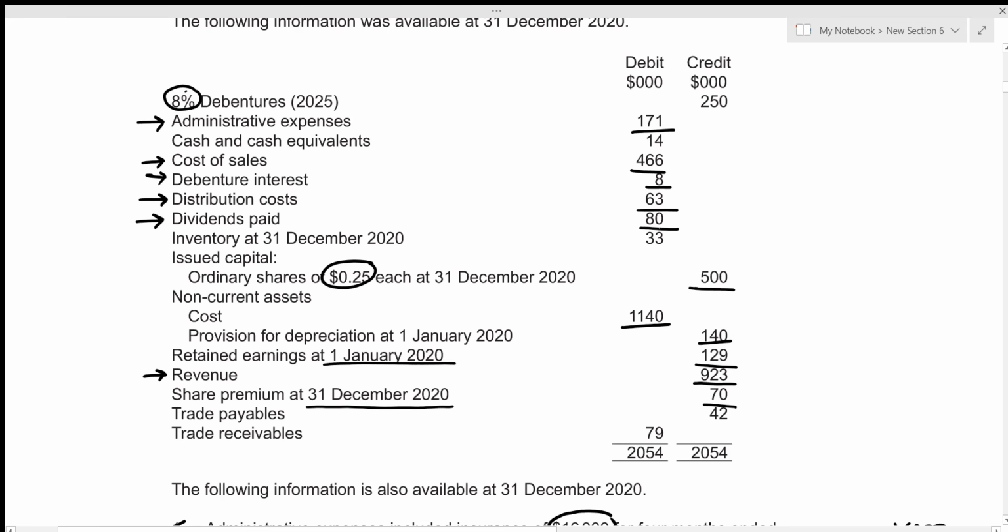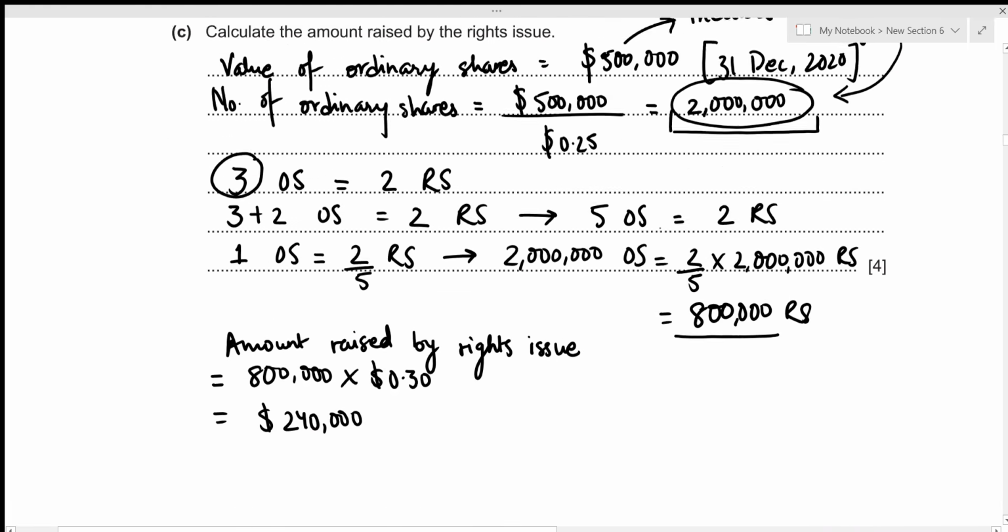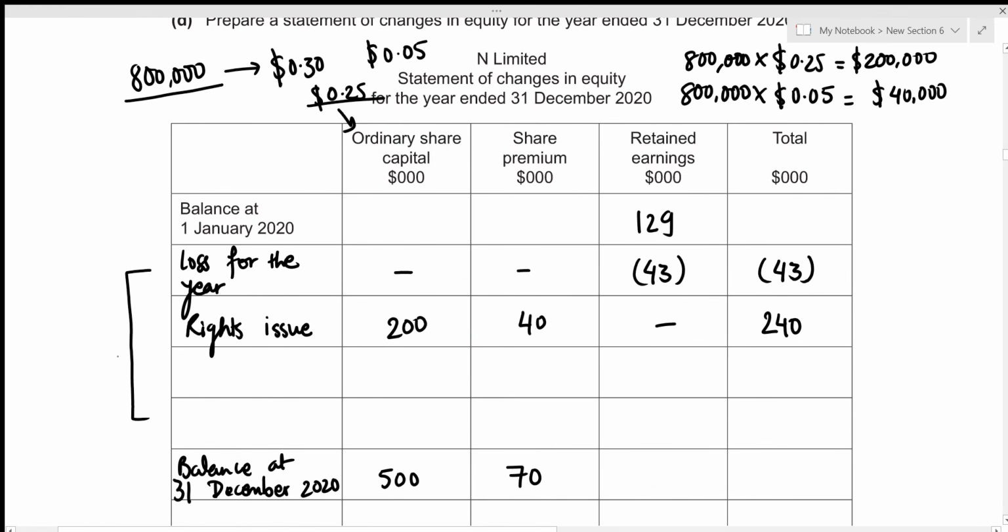So let's just deduct that from the retained earnings section. So it's not going to have any effect on the ordinary share capital and share premium. We're just going to deduct the 80,000 from the retained earnings.